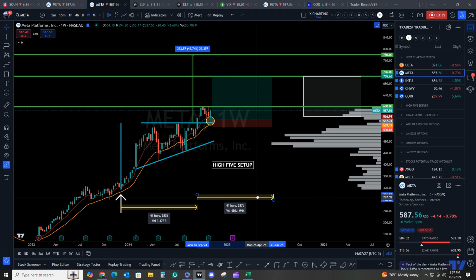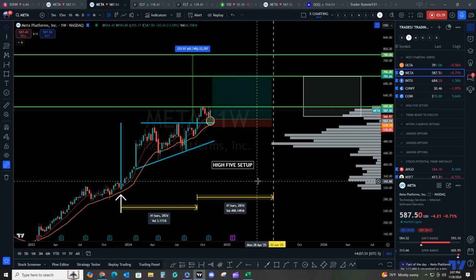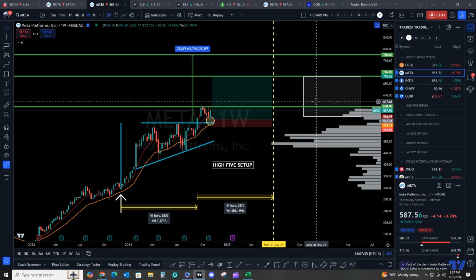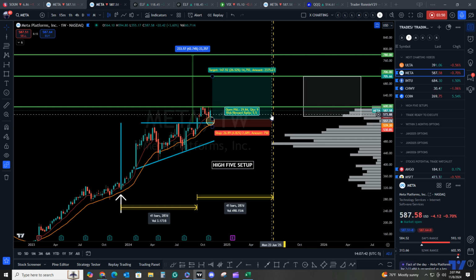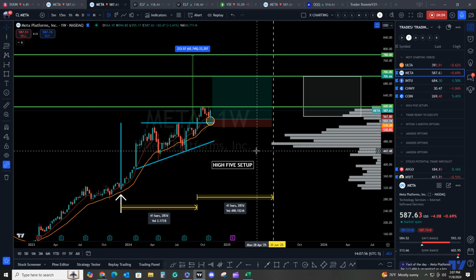And when I say these measured timelines, it doesn't mean that it's going to take till June of 2025 to get to the $780 price target. It can surely move a lot faster than that. It's just you want to have some sort of a timeline that you can follow when you're looking at these types of things. You know what I mean? Because you can't just have price targets without a designated time period.